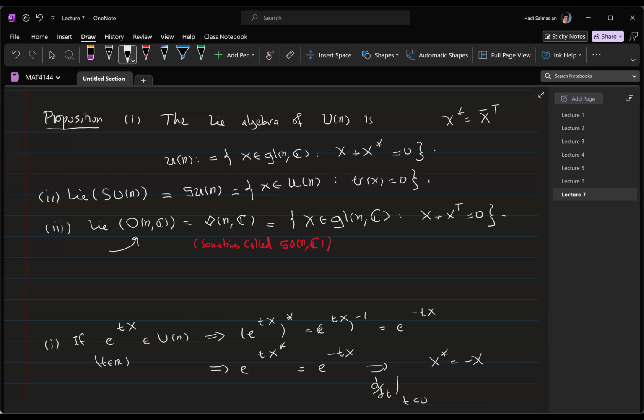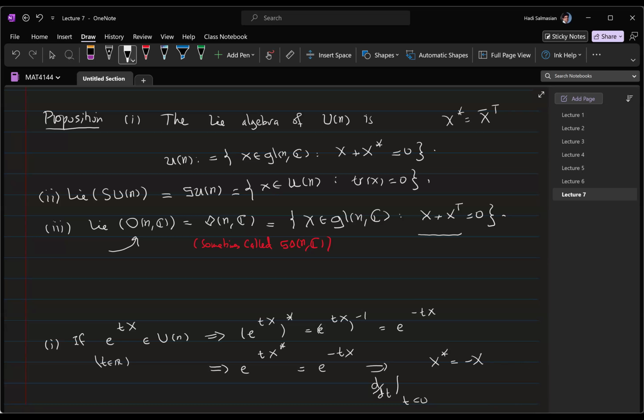Now, based on our philosophy, the determinant condition turns into a trace condition on the Lie algebra. But the trace condition is already there. If X plus X transpose is 0, the trace of X is also 0, because the trace of X transpose equals the trace of X. This wasn't true for the unitary case, because there the trace of X star is the trace of X bar.